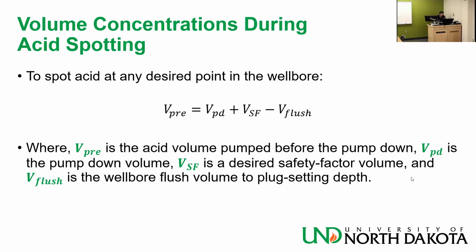Where V_pre is the acid volume pumped before the pump down, V_PD is the pump down volume, V_SF is the desired safety factor volume, and V_flush is the wellbore flush volume to cement setting depth.